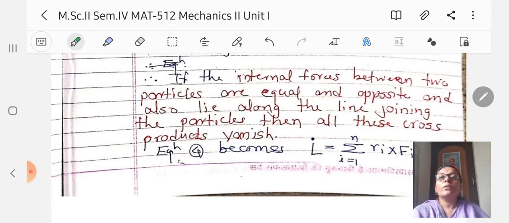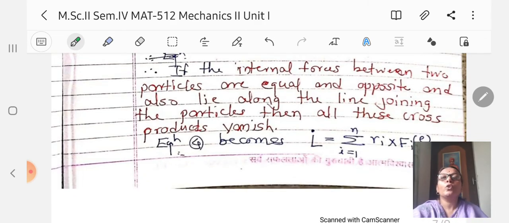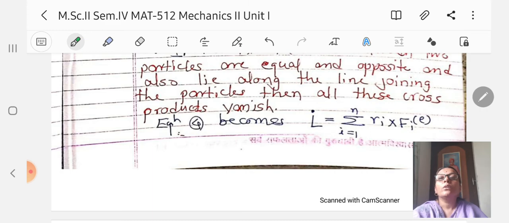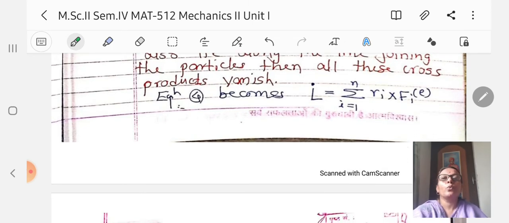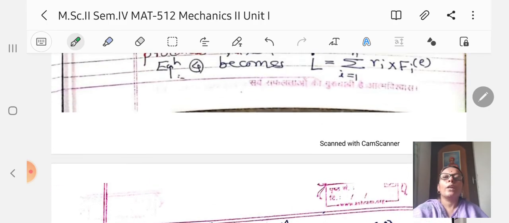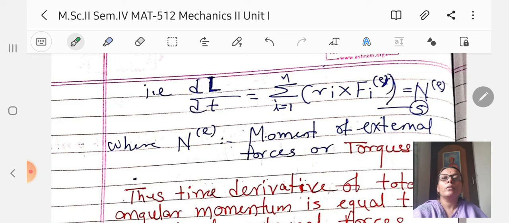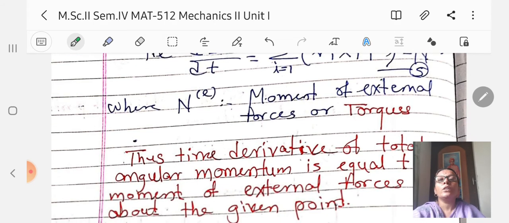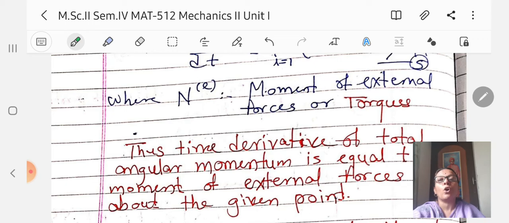Therefore, if the internal forces between two particles are equal and opposite and also lie along the line joining the particles, then all the cross products vanish, and this equation 4 becomes L dot equal to summation i from 1 to n of r i cross the external force F i e. Now L dot means dL by dt, so we write dL by dt equal to summation i from 1 to n of r i cross F i e, equal to N e, where N e is the moment of external force, or torque.